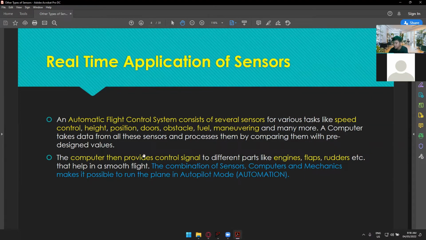Here there's more explanation about how to automate engines, flaps, and rudders. The combination of sensors, computers, and mechanics makes it possible to run the plane in autopilot mode, the technology that is called automation. The sensor is one of the major factors that make this automation work.